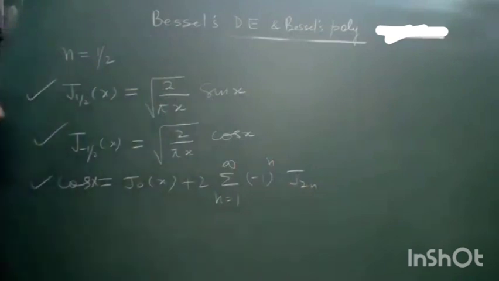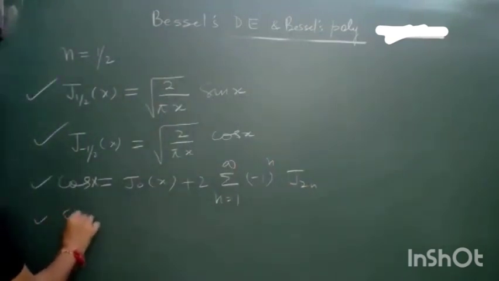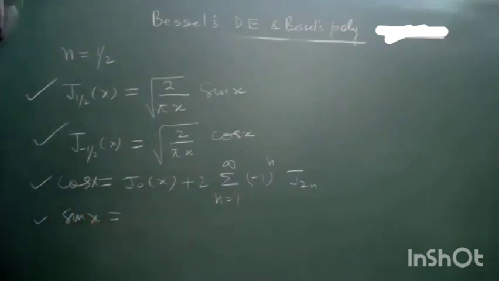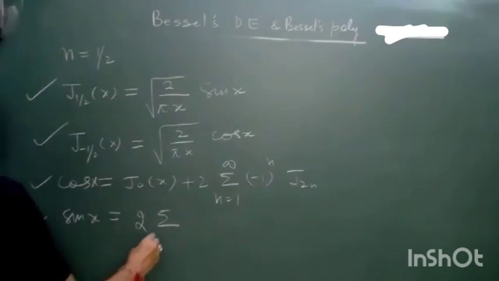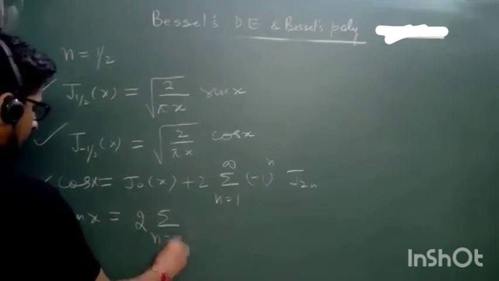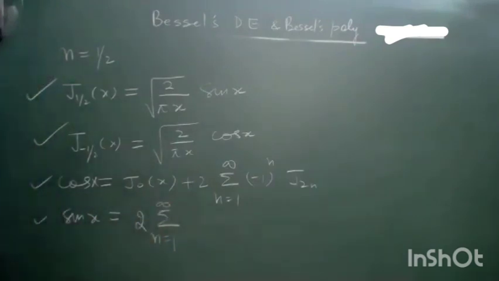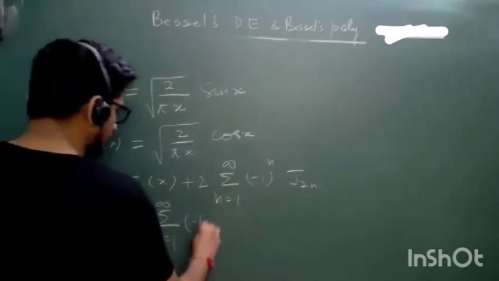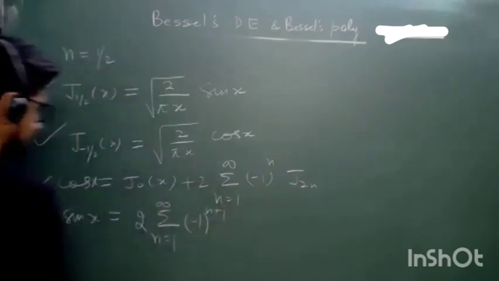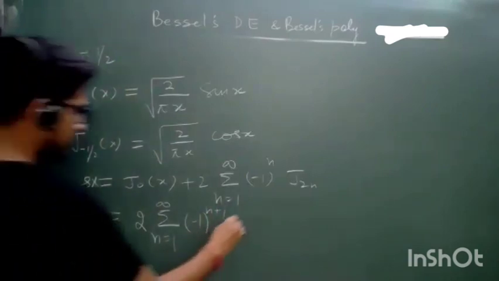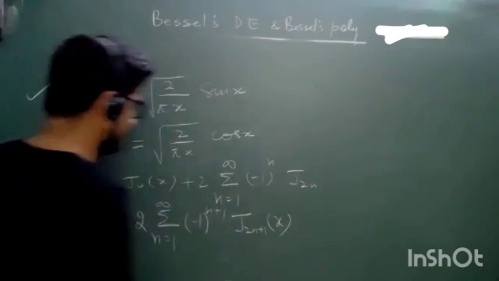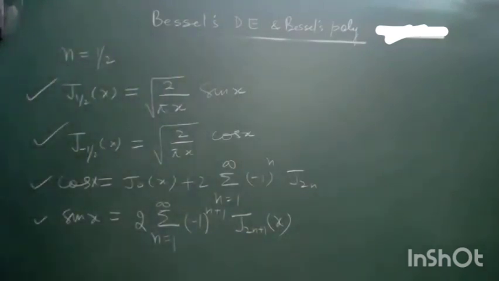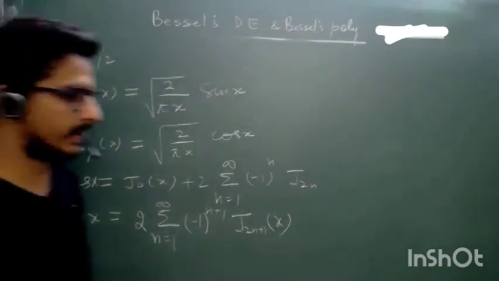See, it is written in the form of even polynomials. And sine being an odd function, it is written in the form of odd polynomials: 2 times summation n is equal to 1 to infinity minus 1 to the power n plus 1 and J 2n plus 1 x. So these three are very, very important properties.